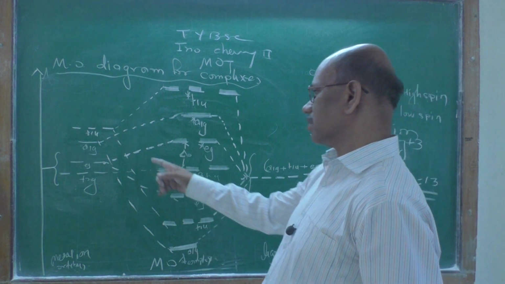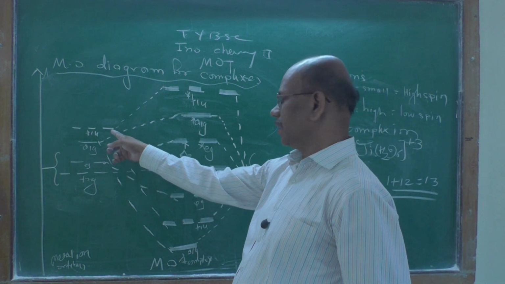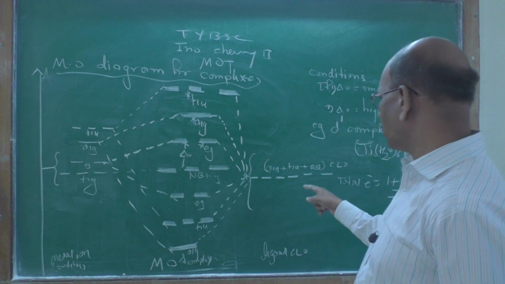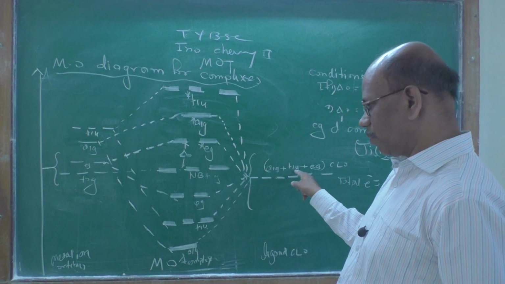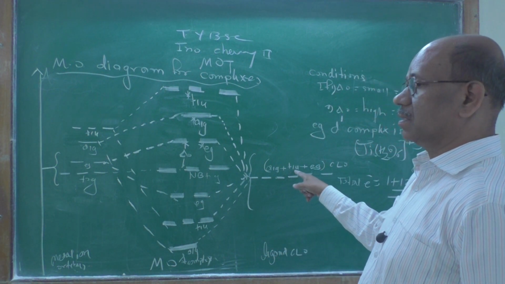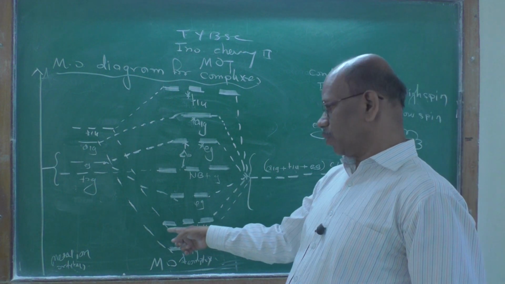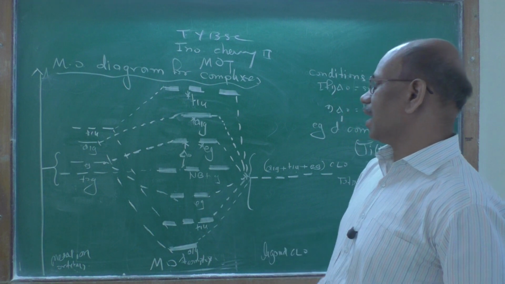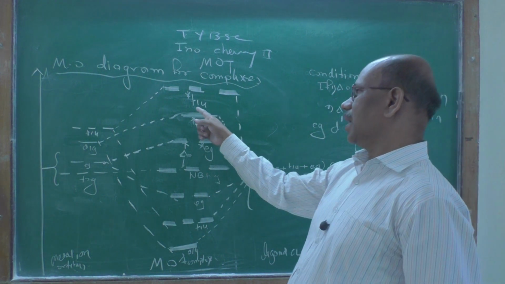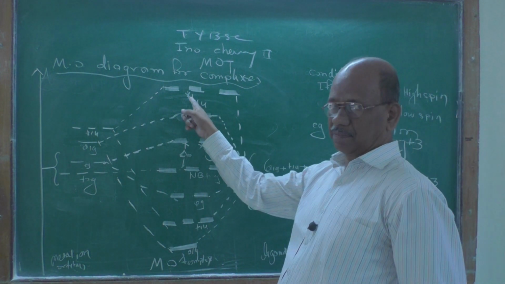T1u metal orbitals, meaning px, py, pz, also combine with T1u composite ligand orbitals, and they form 6 MOs, out of which 3 are bonding MOs, those are T1u, and 3 are anti-bonding MOs, those are T1u star.